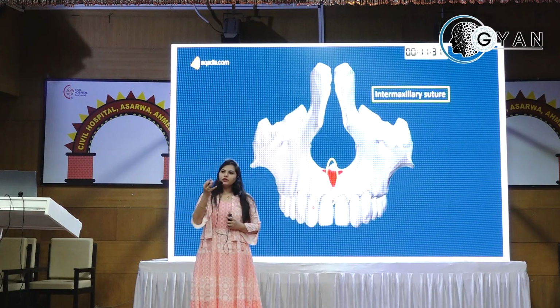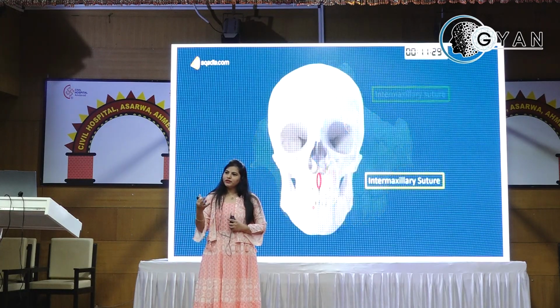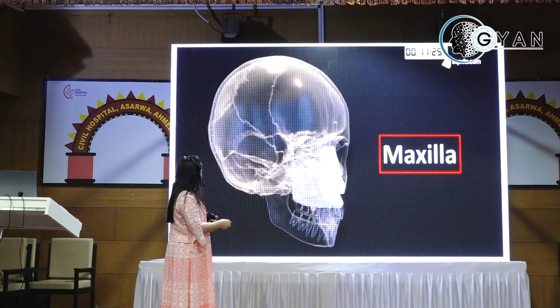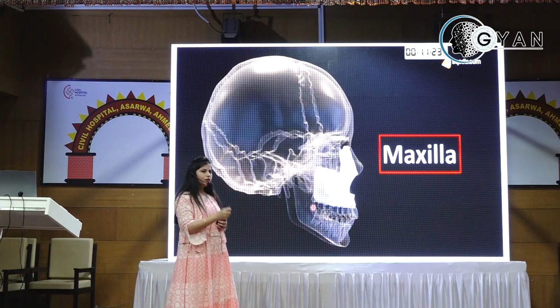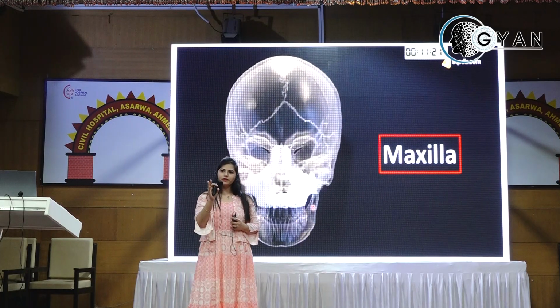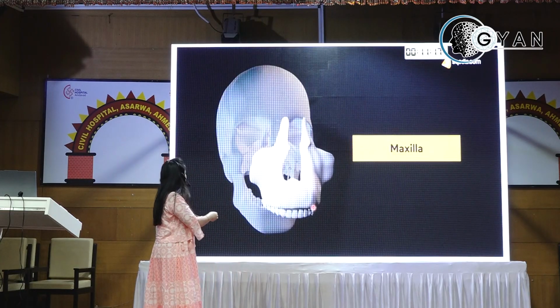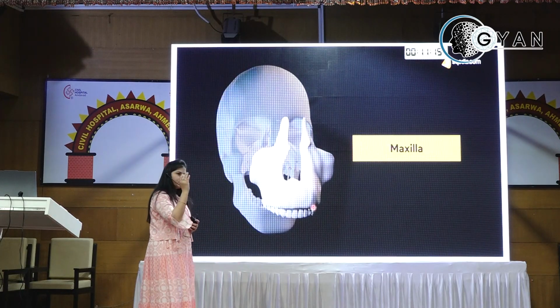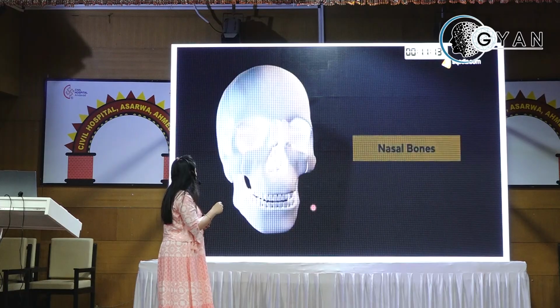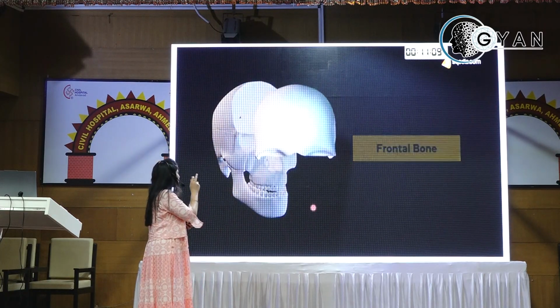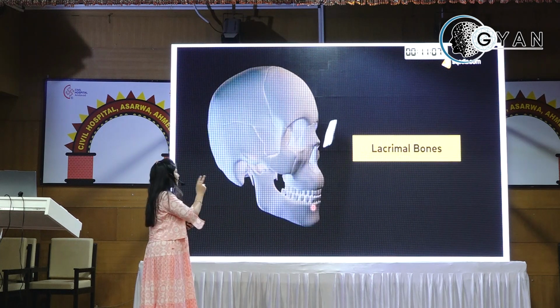And how does it articulate with the other bones in the facial skeleton? From the superior end, you have three major bones attached to the maxilla. We all know them. Now you see the attachment. One is the nasal bone on both sides. Then you have the frontal and then the lacrimal bones.